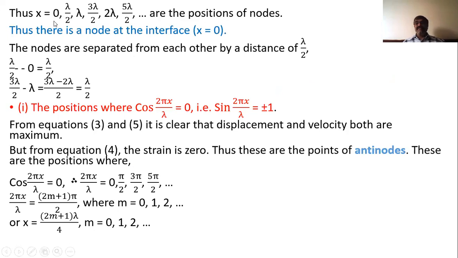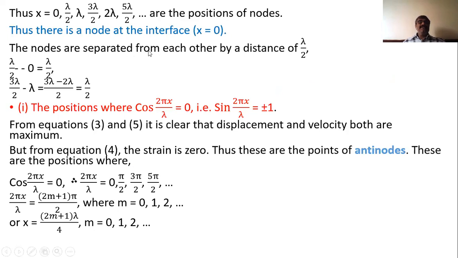Important one is that for the stationary waves formed due to a closed end, there is a node at the closed end, or at the xy interface, since we obtained the position x equal to 0 of the node.